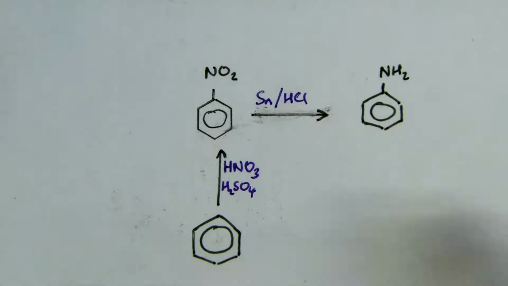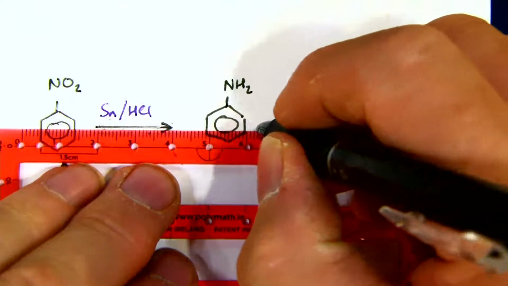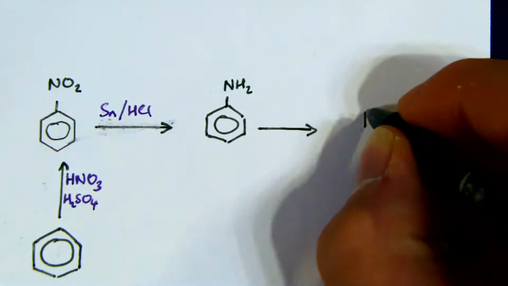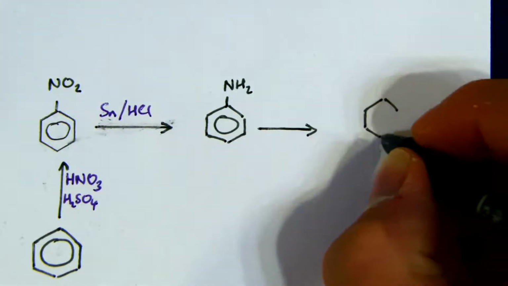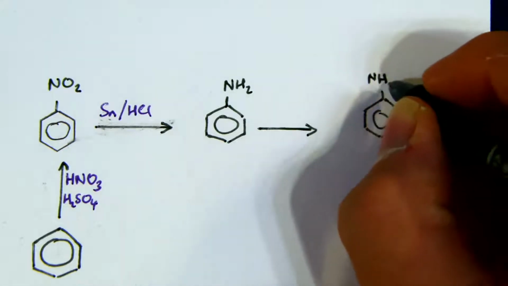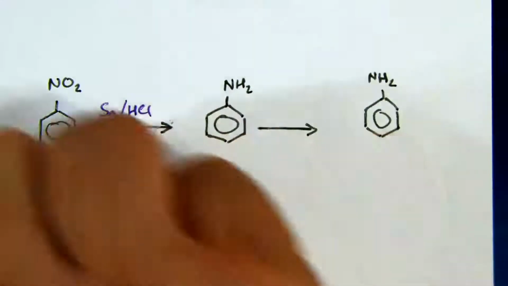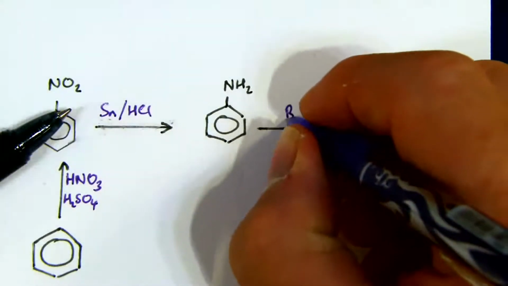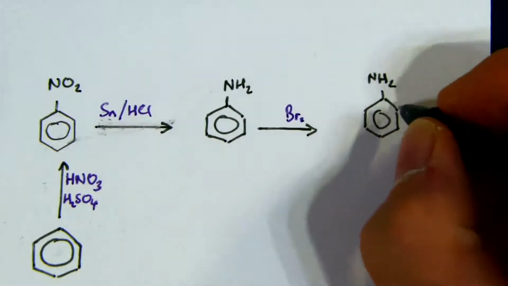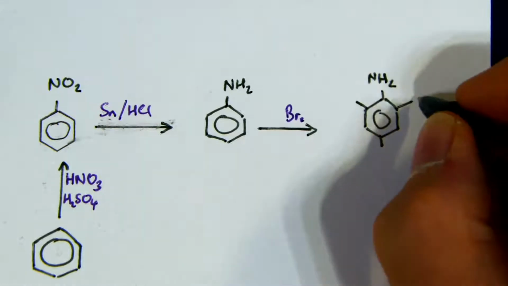If you wanted to get clever, I suppose, there's nothing to stop you then taking that and going mad by brominating this. If we just shove some bromine in here, then it's going to stick at the 2, 4, 6 positions.